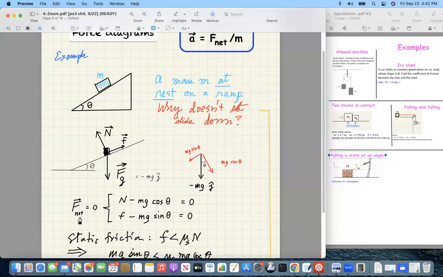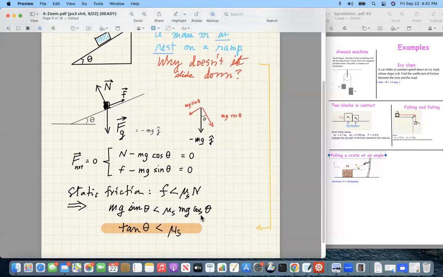Now, if this is at rest, then the net force is zero. So you have the perpendicular component, N minus mg cosine theta, has to be zero. And you have the parallel component, F minus mg sine theta, has to be zero. Acceleration is zero. So these forces add up to zero. This is the net force perpendicular to the surface. This is the net force parallel to the surface. You also know F is mu N, where in this case you have the coefficient of static friction because the block is not moving.